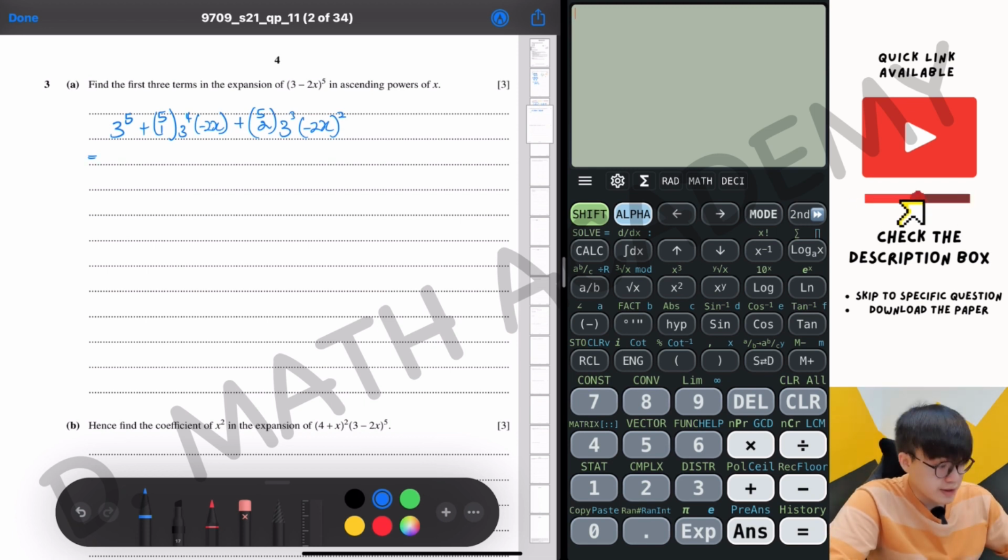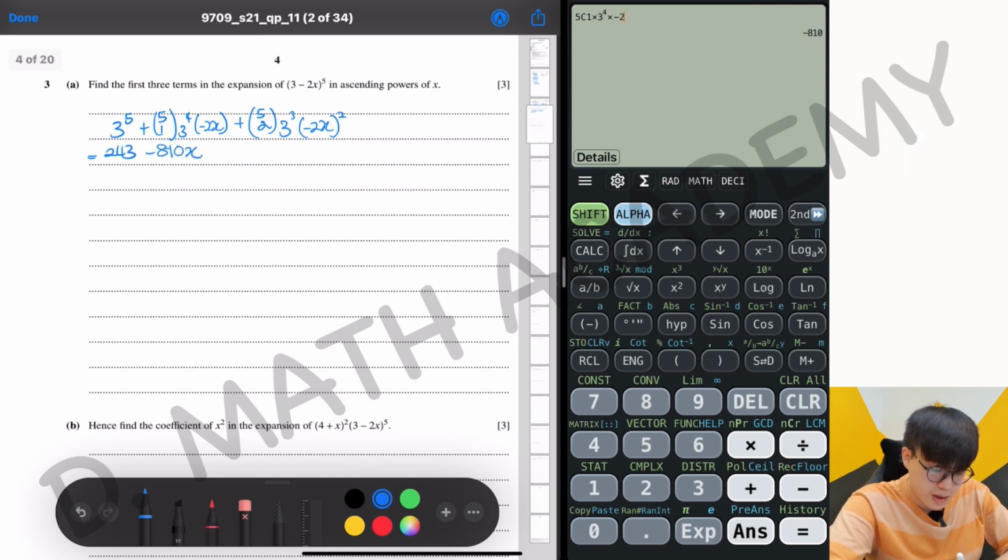When you expand this accordingly, 3 to the power of 5 is actually 243, followed by 5C1 times 3 to the power of 4 times negative 2, you will get 810x.